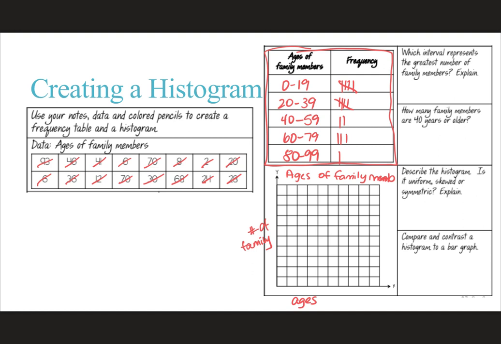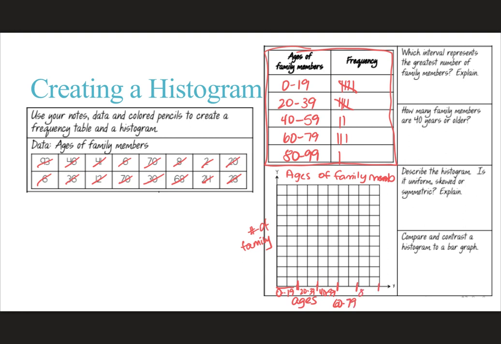All right, so we have 5 in the 0 to 19, and I'm just going to take each 2 boxes. So this will be 0 to 19. The next 2 boxes will be 20 to 39. The next 2 boxes will be 40 to 59. These 2 will be 60 to 79.